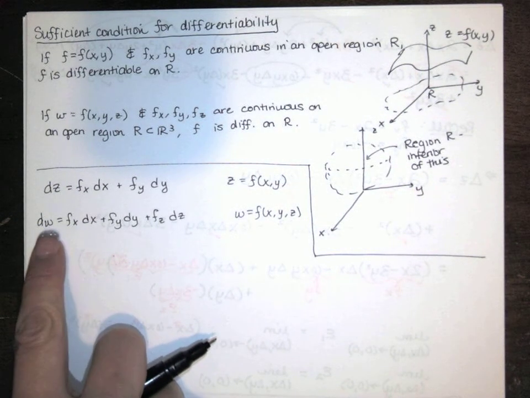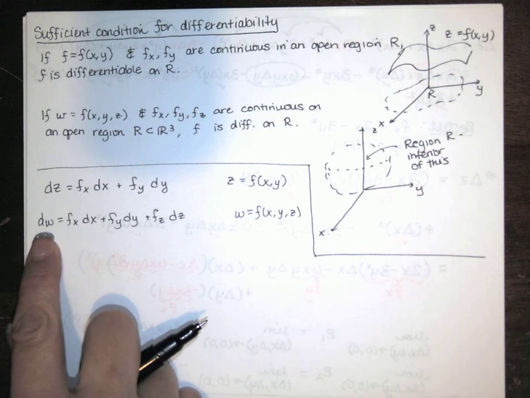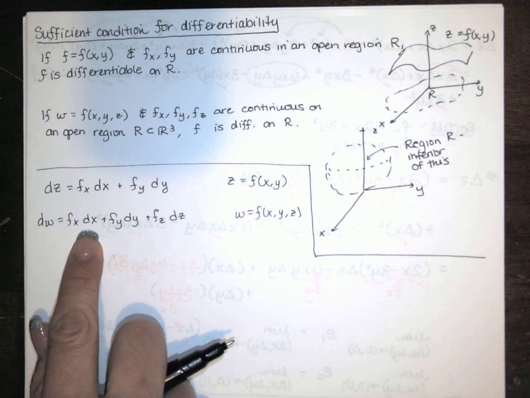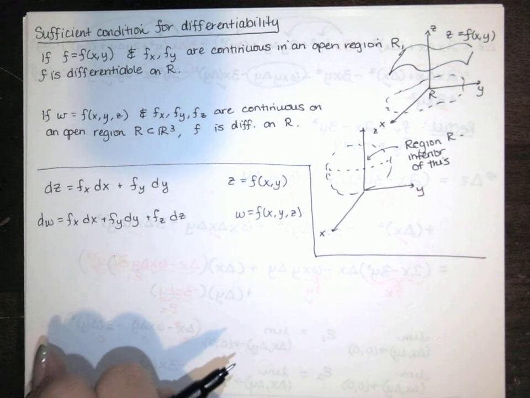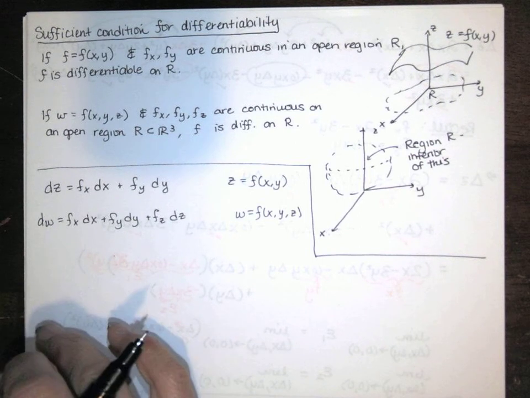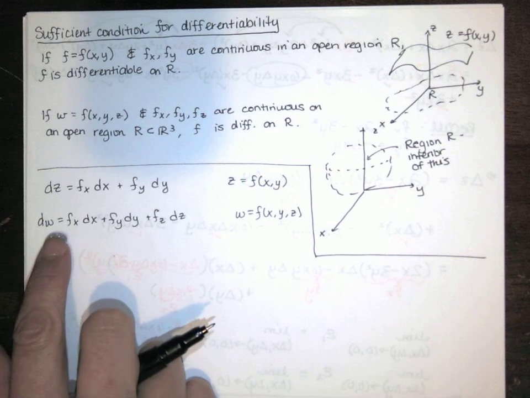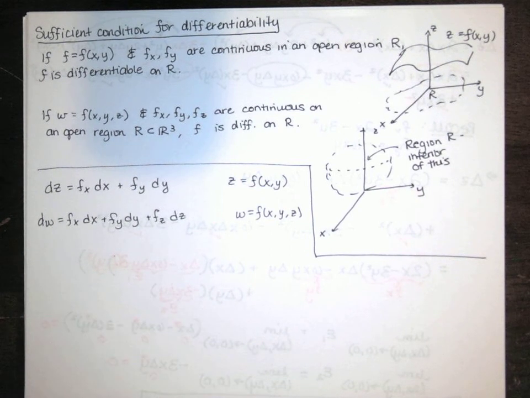This would be a good idea to use when x changes by delta x or dx units, y changes by delta y or dy units, and z changes by delta z or dz units. In that case, if w is differentiable, it'd be a good idea to use this as an approximation for the change in w as you go from that base point x naught, y naught, z naught to a nearby point. So that's differentiability, guys.